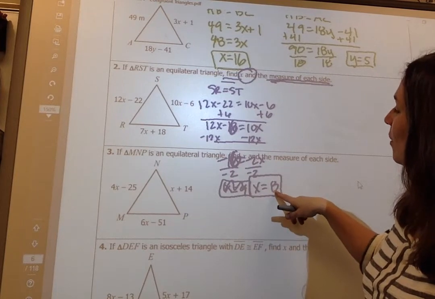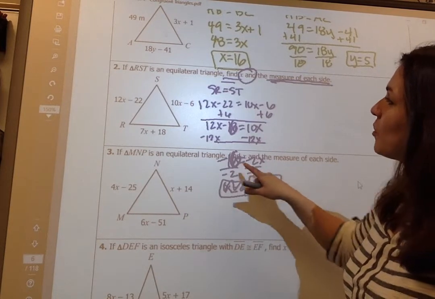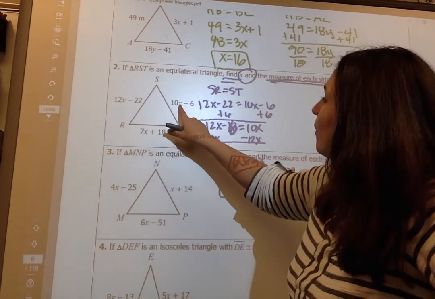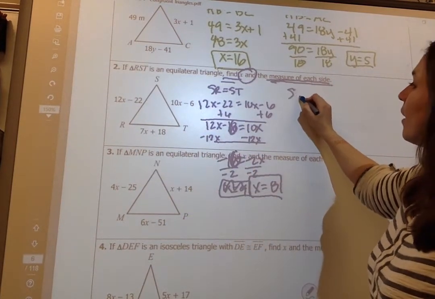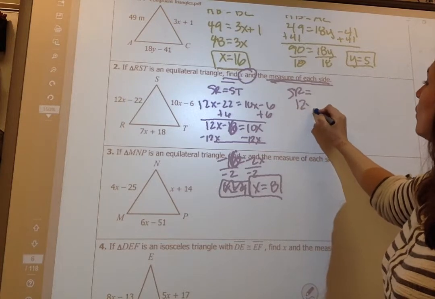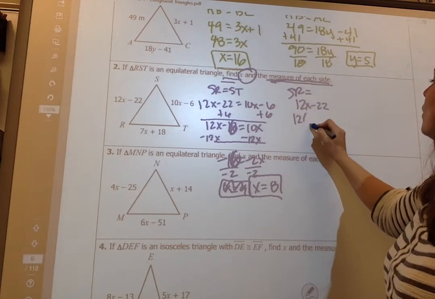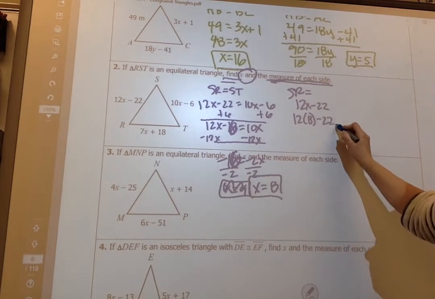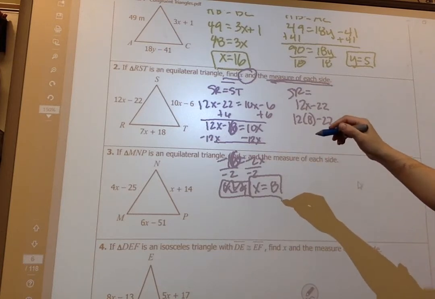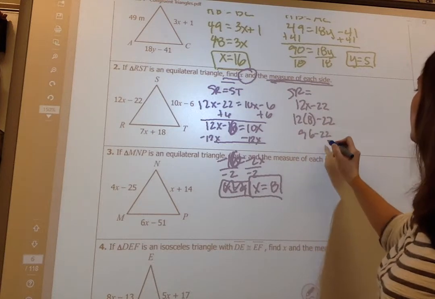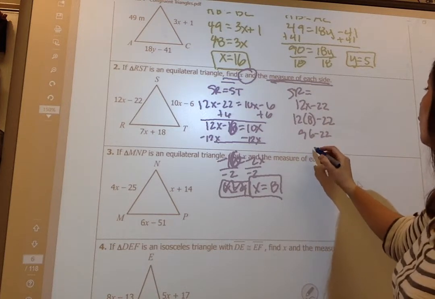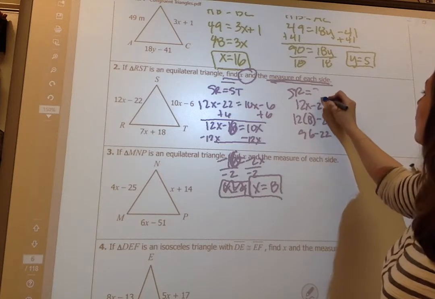All right, so now that I know x is 8, I'm just going to plug in for here, here, and here. So if I plug in 8 for SR, 12x minus 22, 12 times 8 minus 22, that's 96 minus 22, so that's going to give me 74, right? So SR is 74.